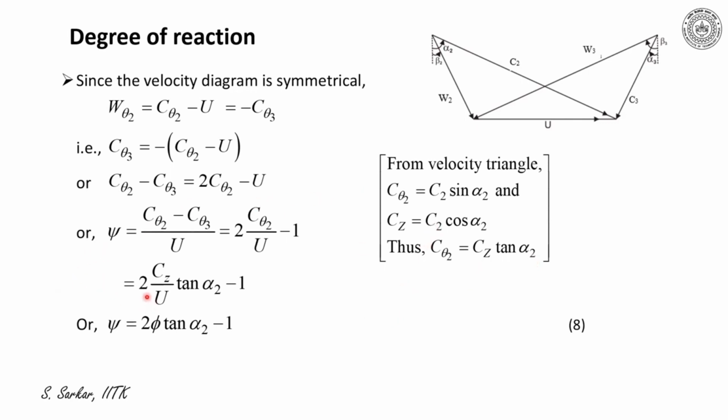You will get Xi equal to twice (Cz by U into tan alpha 2 minus 1). That means Xi equal to twice (phi tan alpha 2 minus 1). Note that for a 50% reaction machine, the expression of Xi is twice (phi tan alpha 2 minus 1), which is given by equation number 8, whereas Xi for an impulse machine was twice (phi tan alpha 2) minus 1.